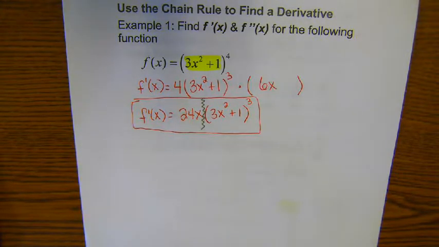Okay, so on this one, part of the difficulty will be the simplification at the end too. So what is the product rule then? First, d second, plus second, d first.